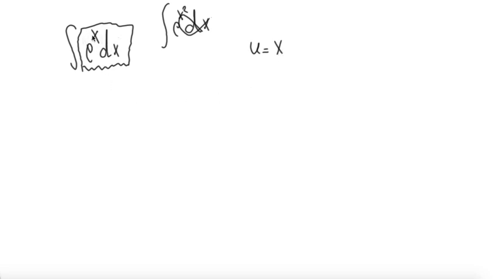Our du would be dx. So we need to replace them, and it will be e^u du. I replaced the x with the u, and the dx with the du.